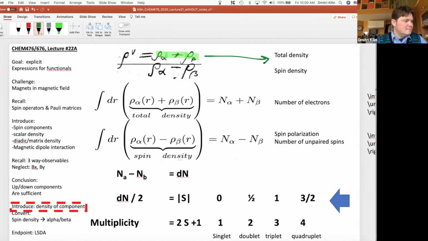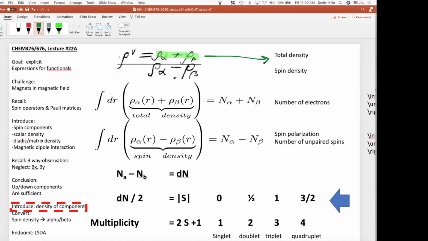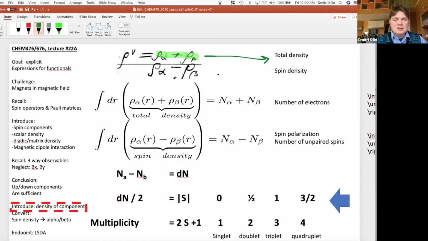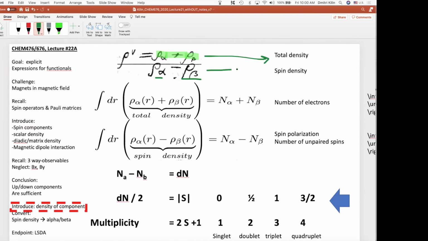And if one subtracts alpha minus beta, it will be zero if there is no overall spin, no overall magnetization, and it is non-zero if the material is magnetic. It's called spin density, right?